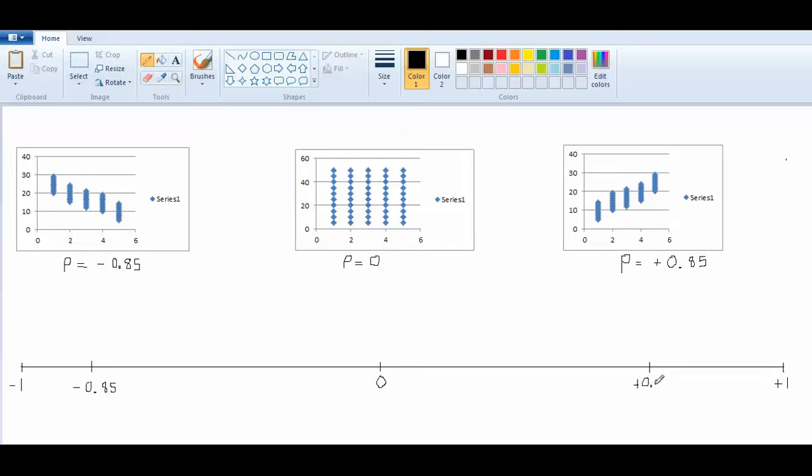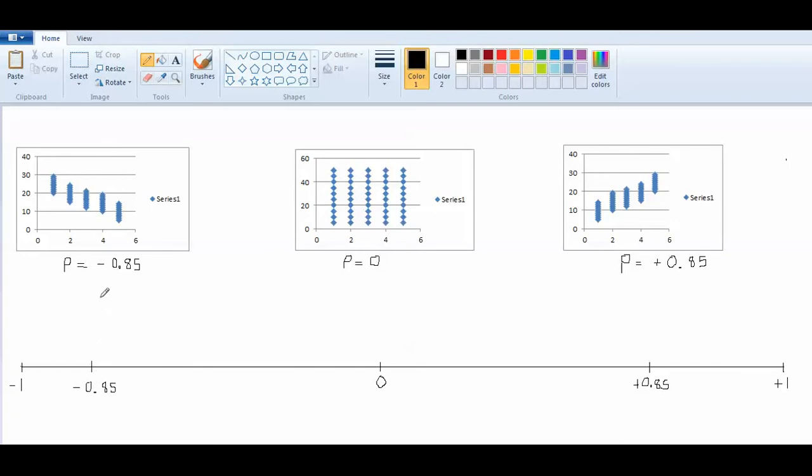Let's imagine each of these populations as being a helicopter that's hovering above its correlation coefficient. So since this population has a correlation coefficient of negative 0.85, it's hovering directly above the correlation coefficient of negative 0.85.